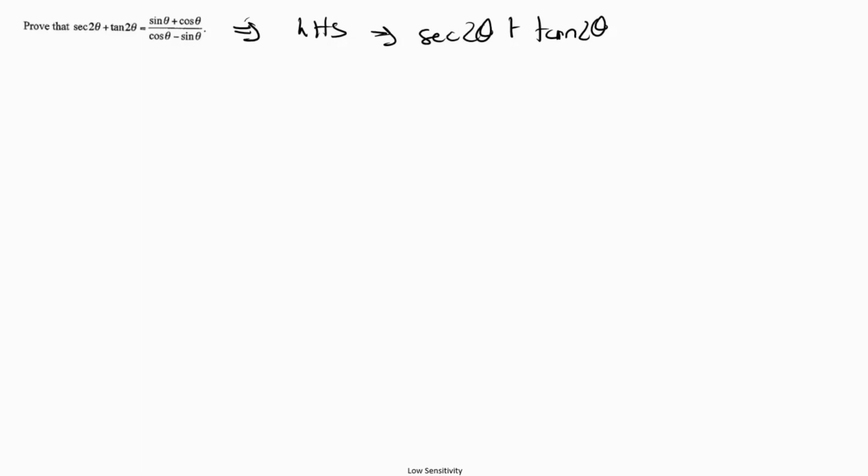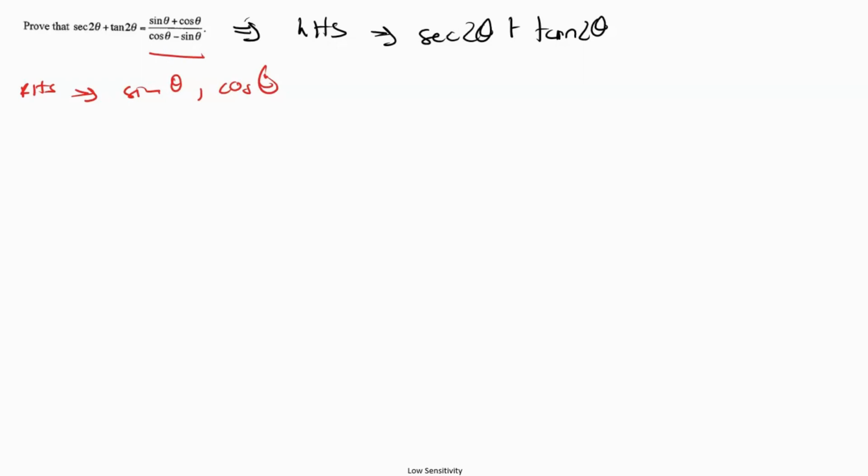Here we see that the right hand side is in terms of sin θ and cos θ. That already gives us a clue on the direction that we should be headed.